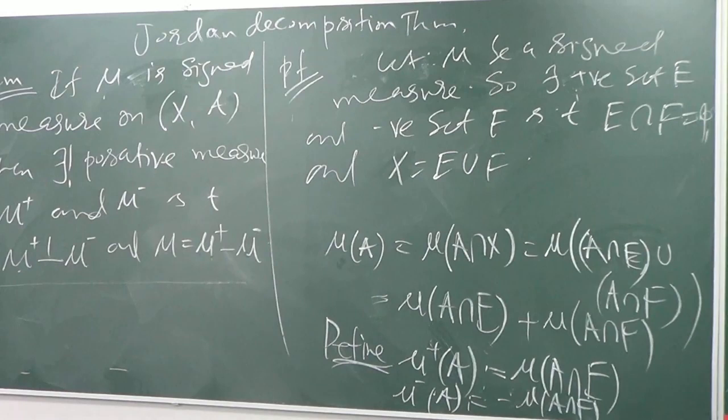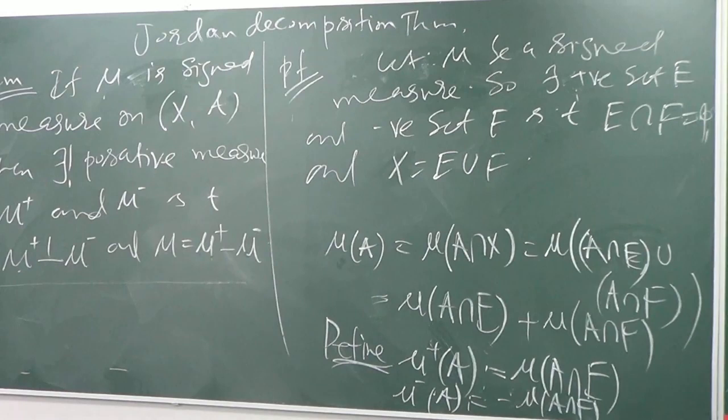Now let's begin by observing. Here's the one thing: don't confuse E and F being positive and negative sets, unless there is a reason. At the moment E and F are any sets. You don't necessarily have this structure. So let's see what we can conclude about it. Take any subset A of F prime.